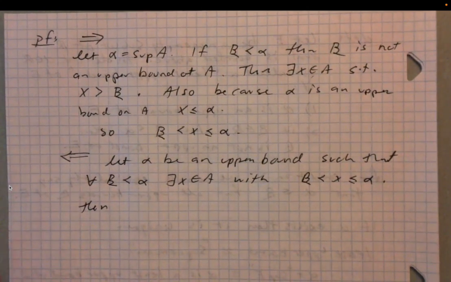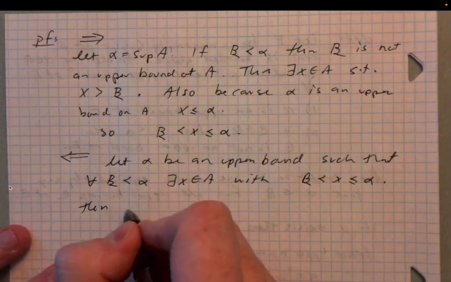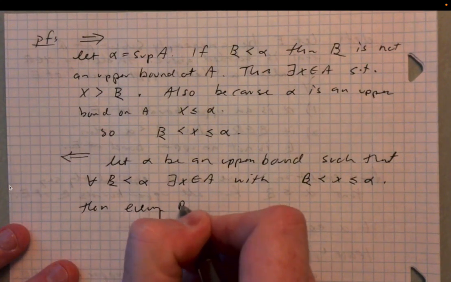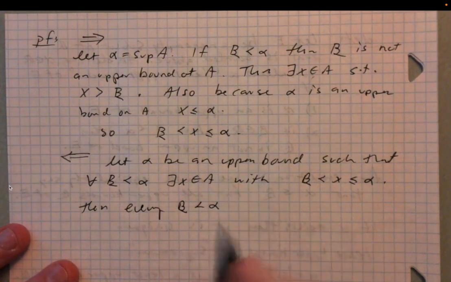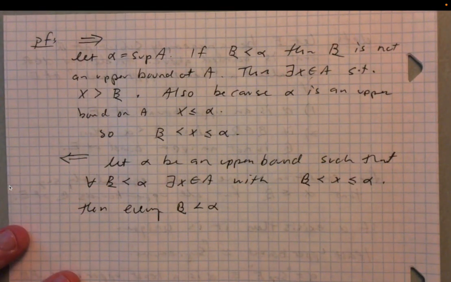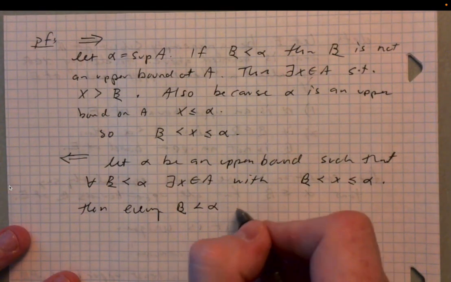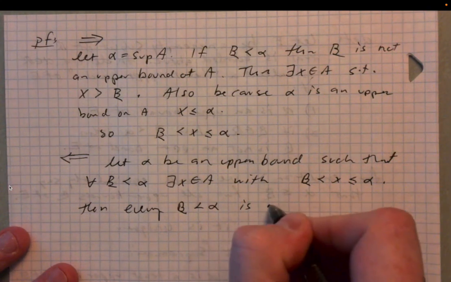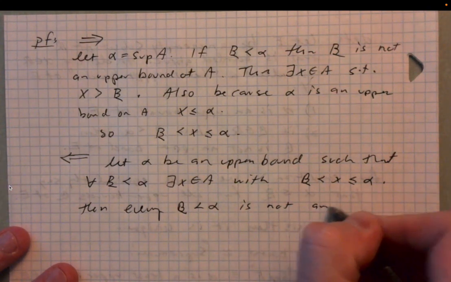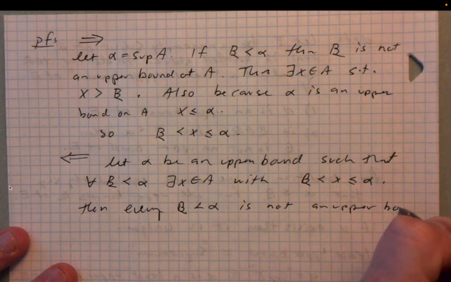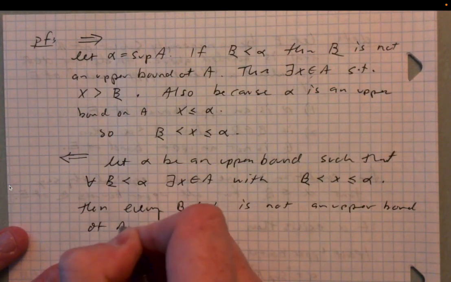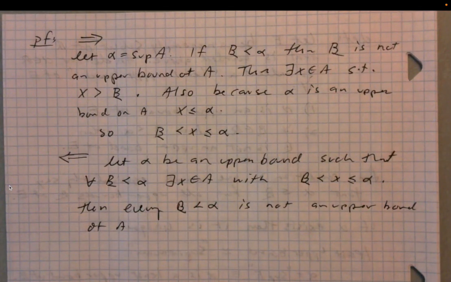Well, then every beta less than alpha is obviously not an upper bound of A. Right?